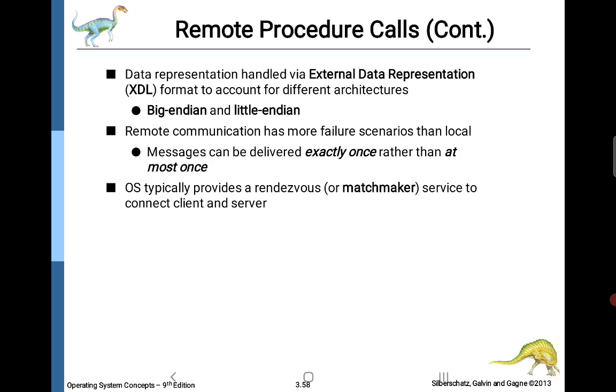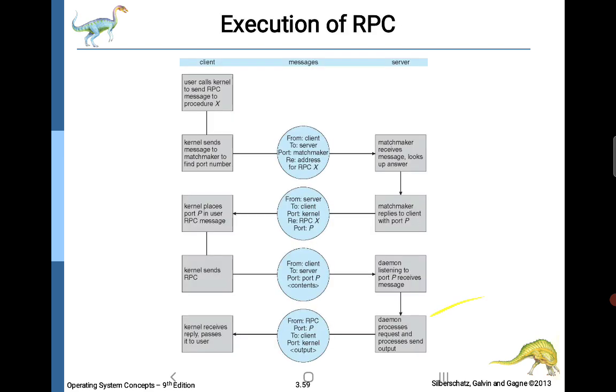Operating systems usually have a matchmaker to match clients to servers and arrange rendezvous between clients and servers. This is the mechanism for synchronization across the network.